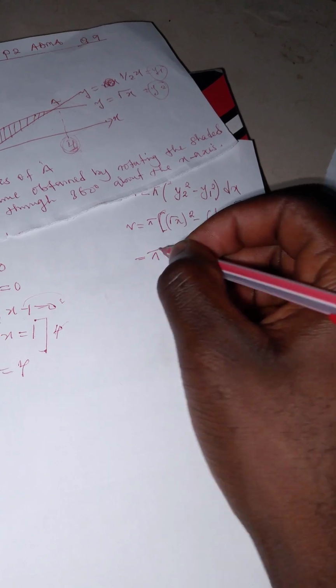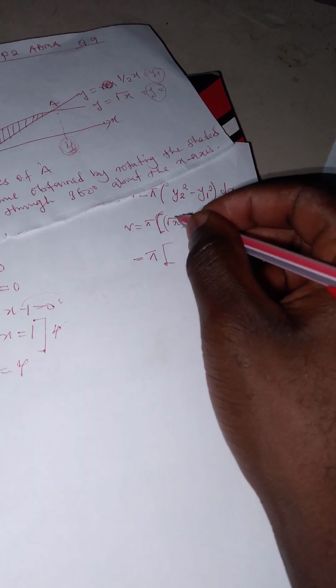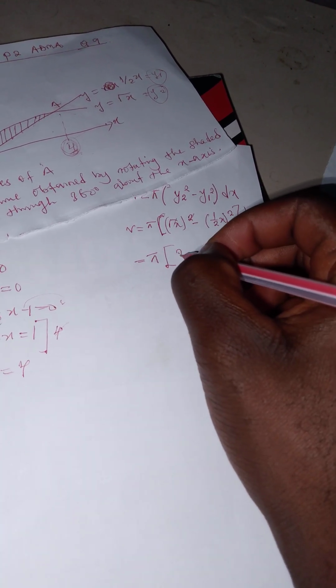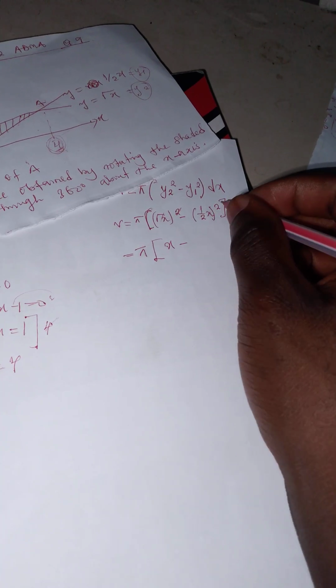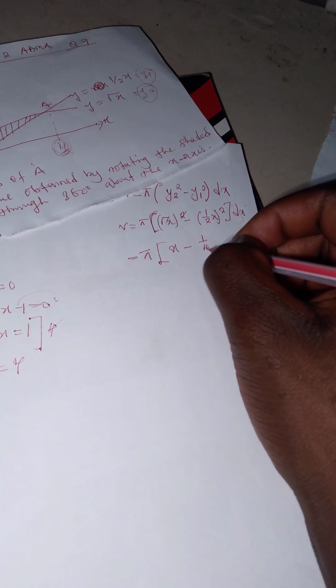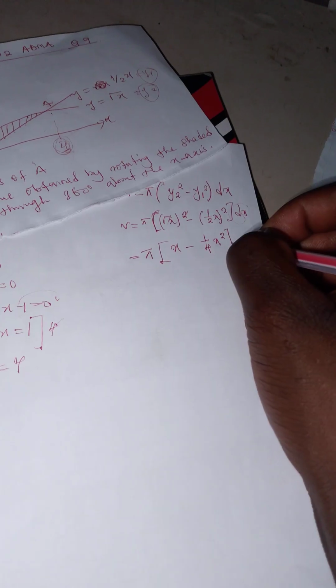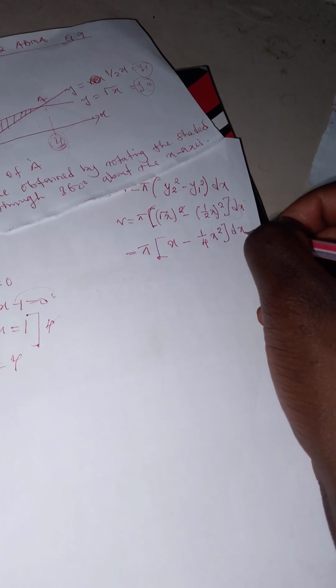So this is pi. The square and the root will go, so we are going to remain with x minus 1 over 4x squared when you distribute it inside.